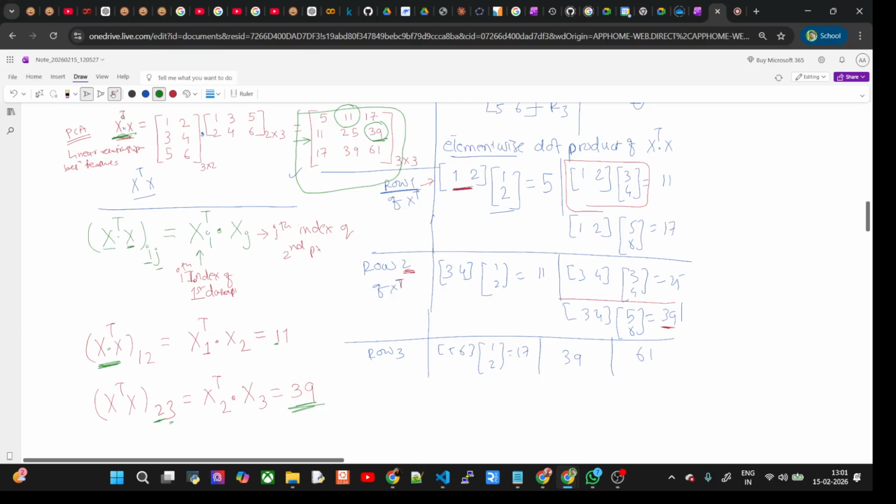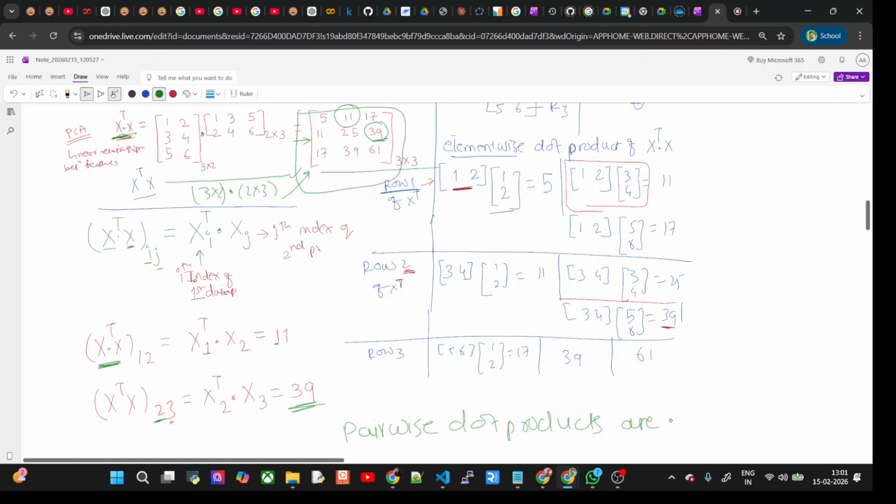This means instead of calculating X transpose X directly, a 3 cross 2 multiplied by 2 cross 3, which gives the bigger 3 cross 3, you are now concentrating on pairwise, element-wise dot products.